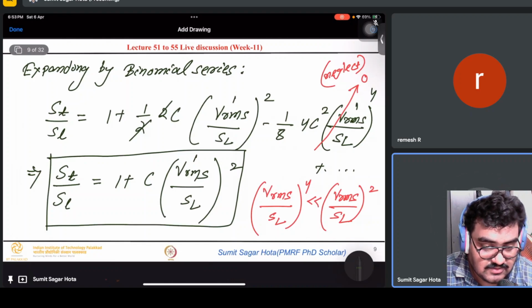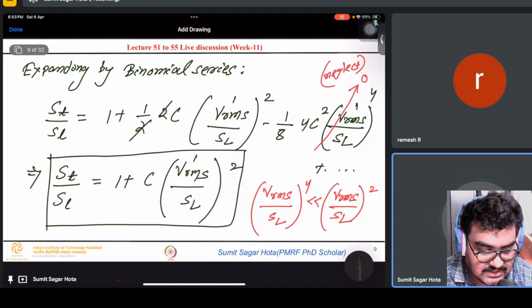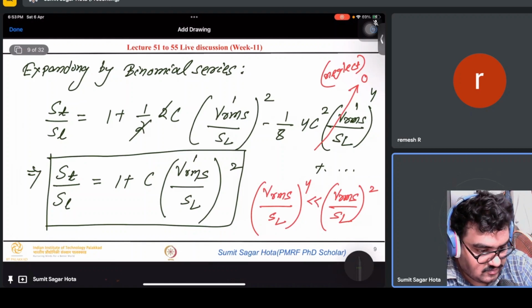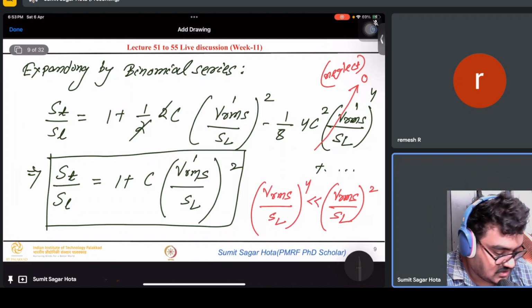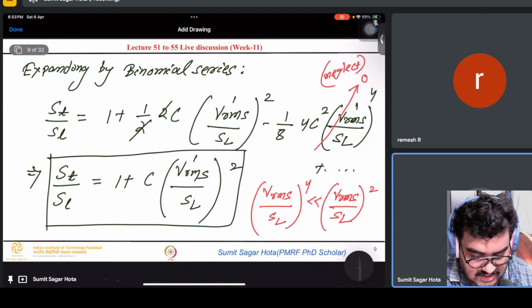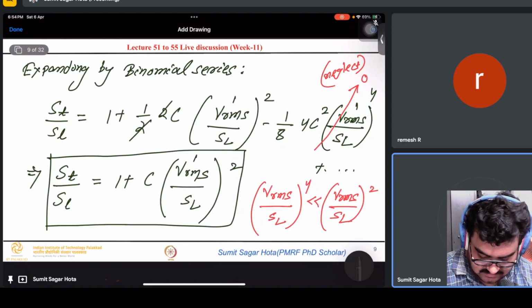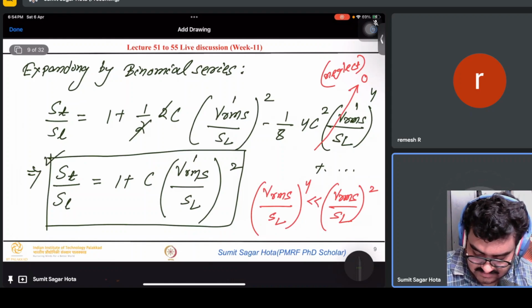Okay, this formula you should remember. It can also be applied in the transition period of turbulent flames, so this is the transition flame. In that case also this formula can be used. Very important expression.